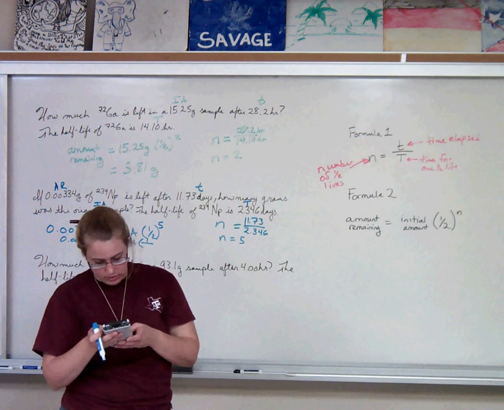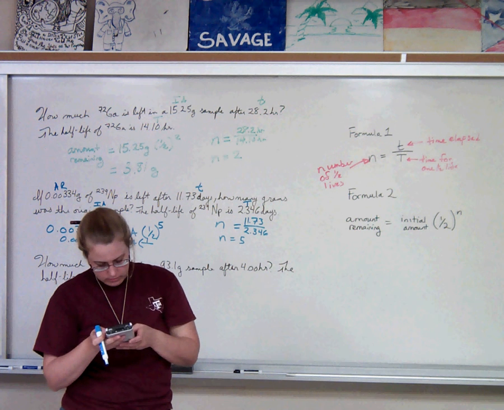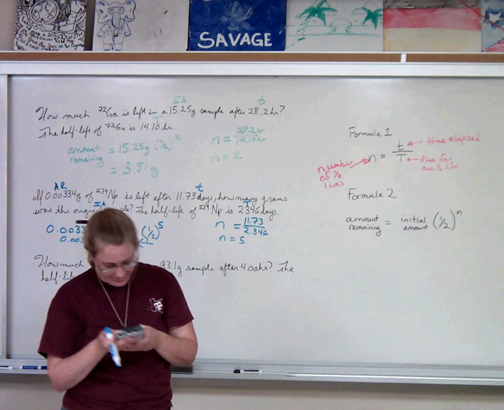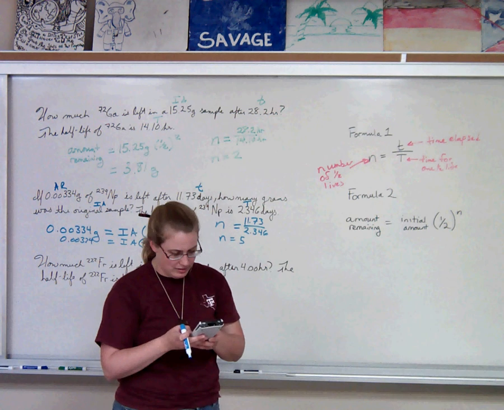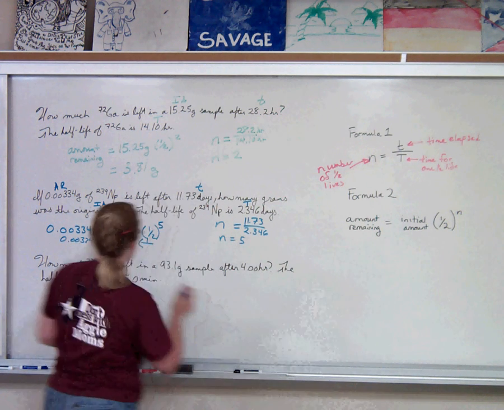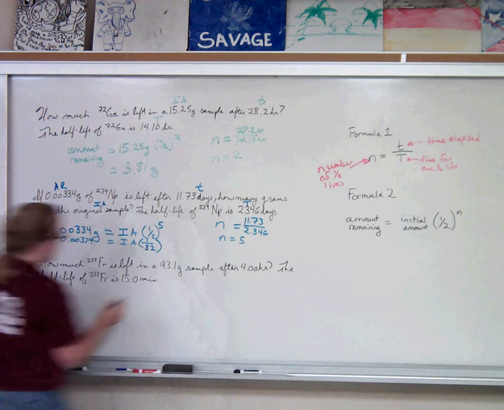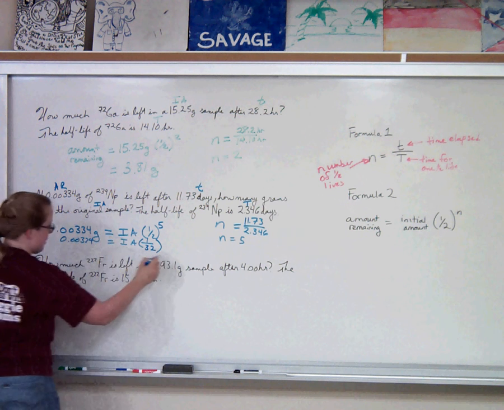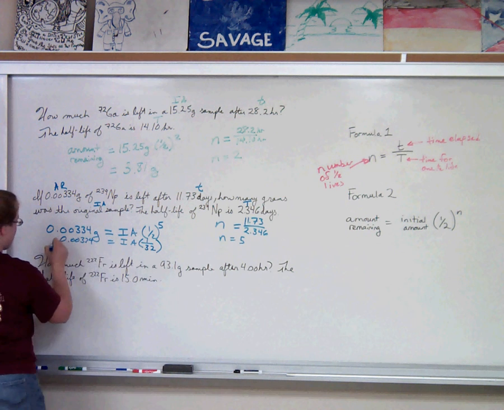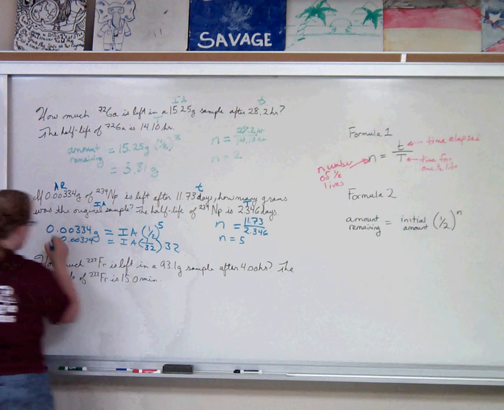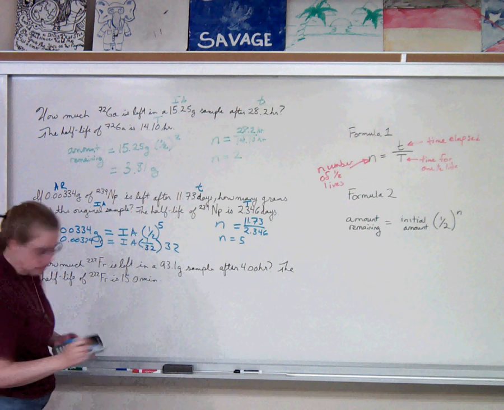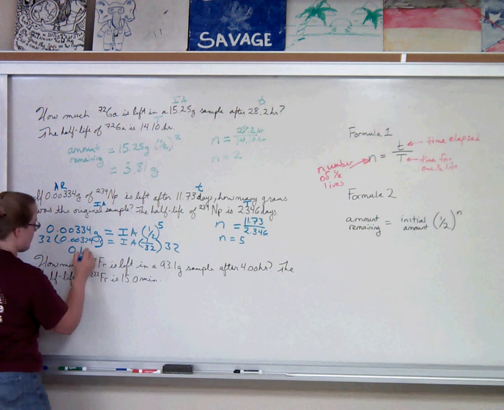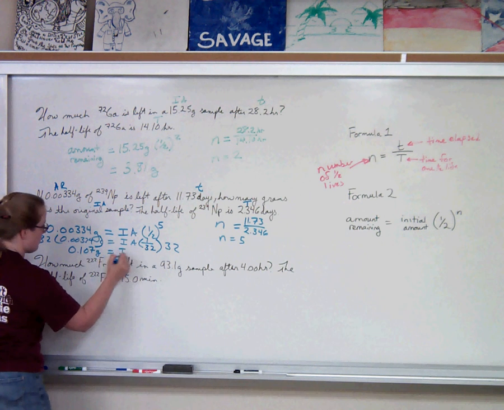Okay, 2 to the 5th is 32. So 1 over 32. Then we divide both sides by 1/32, so basically we're multiplying by 32. And that'll give us our answer of 0.107 grams is our initial amount.